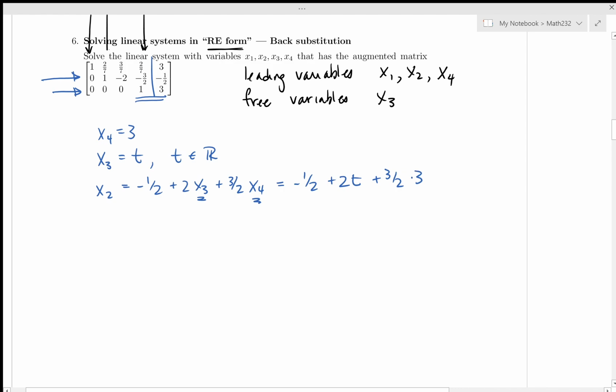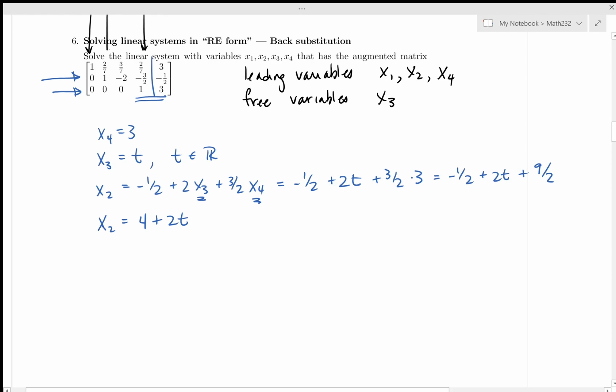And then I do some arithmetic, hopefully not making a mistake. 2 plus 9/2, and 9/2 minus 1/2 is 8/2, that is 4. So I get here that x2 is equal to 4 plus 2t.